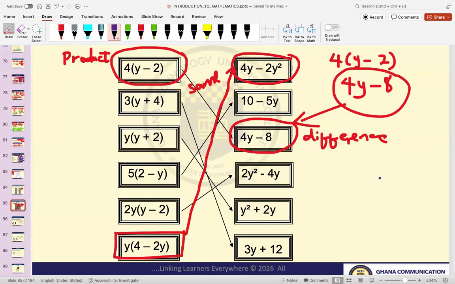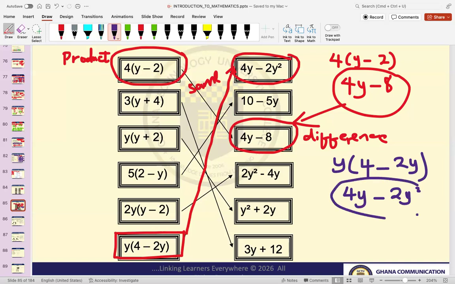If you pick this one, y into 4 minus 2y, and you expand, y multiplied by 4, you have 4y, minus y multiplied by 2y, you have 2y squared. And this 4y minus 2y squared is what you are seeing here.